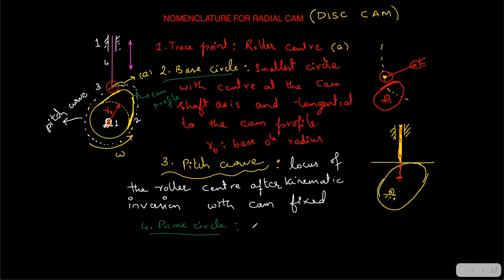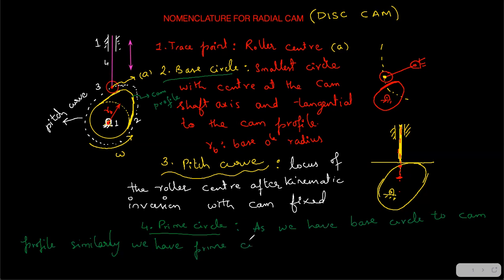So prime circle is like the pitch base circle, as we have the base circle to the cam profile. Similarly, we have the prime circle to the pitch curve.